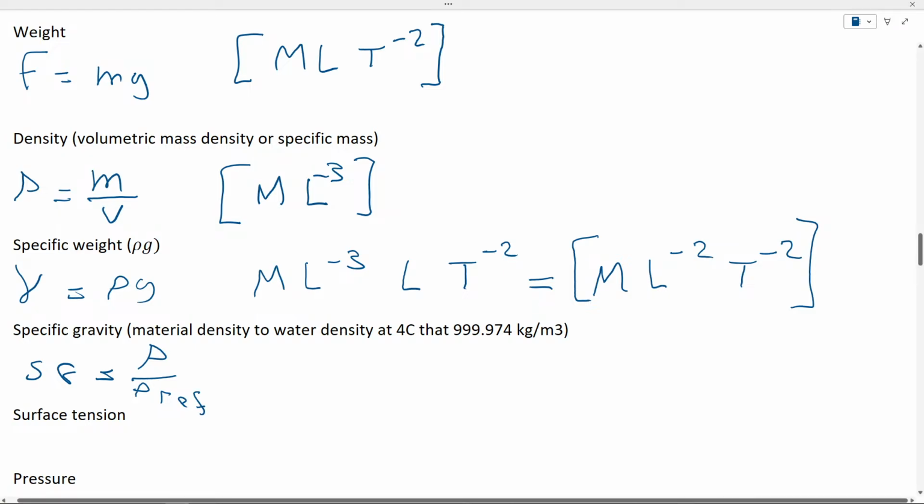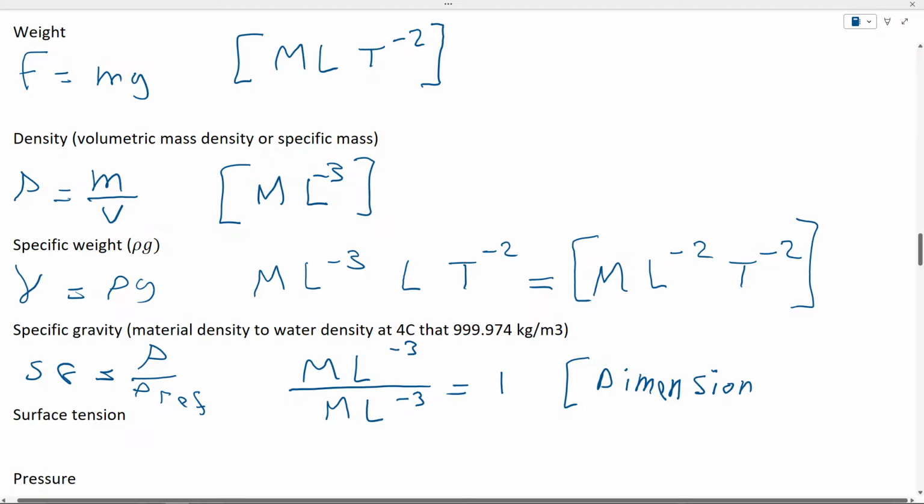So that is specific gravity. Basically it is density over density, this one over this one, and that will give you 1, which is dimensionless.